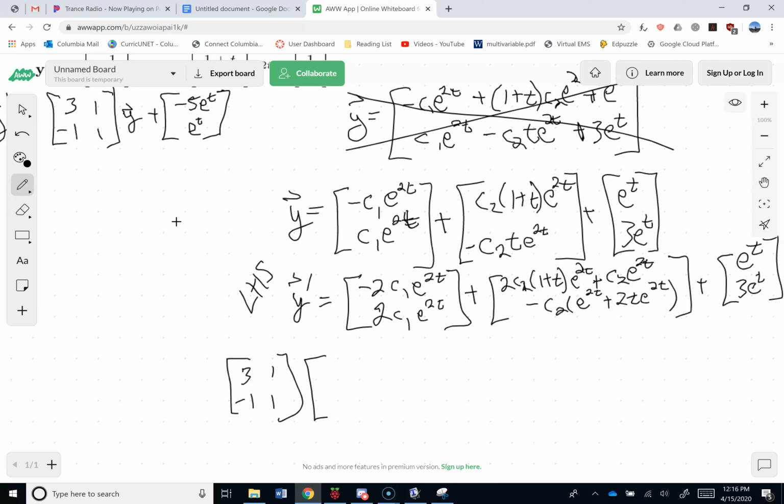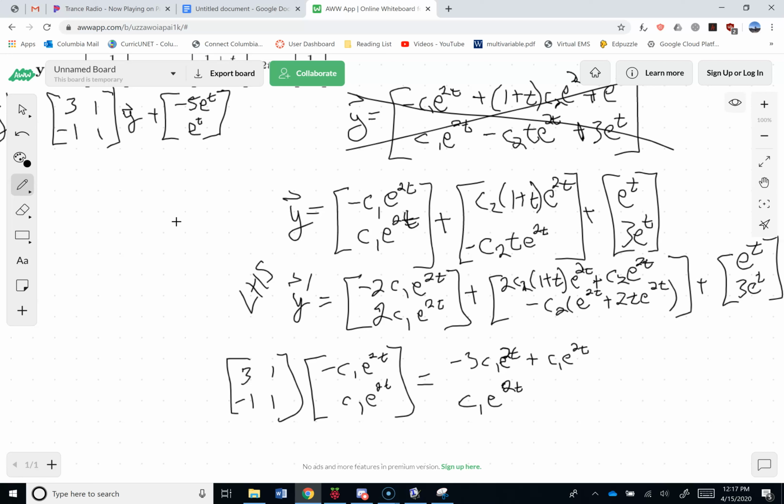Oh, you multiplied by the prime. Yeah, I was trying to multiply by the derivative, and this needs to be times y. So I have minus c1 e to the 2t and c1 e to the 2t. And so when I do this multiplication, I get minus 3c1 e to the 2t plus c1 e to the 2t. And on the bottom, I get c1 e to the 2t.